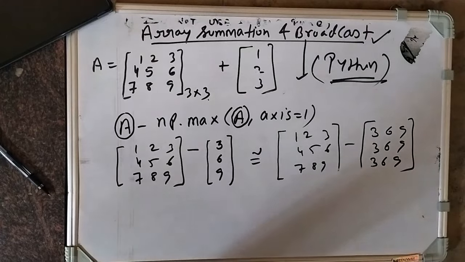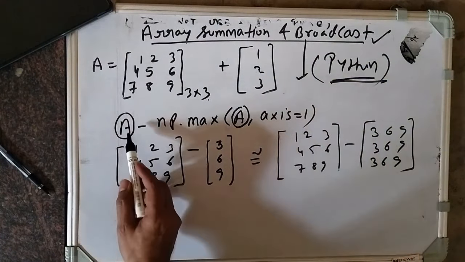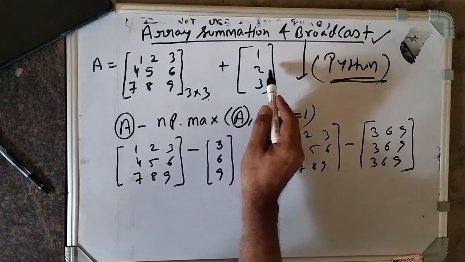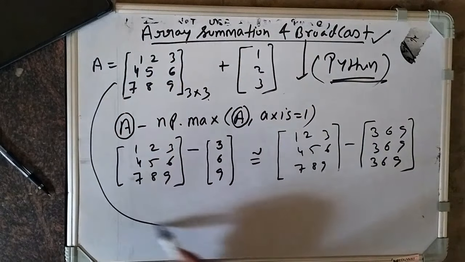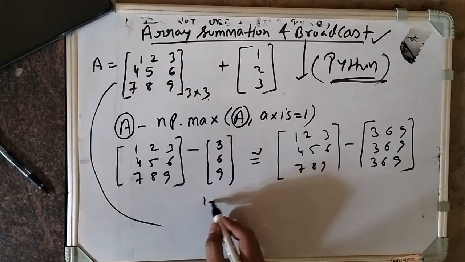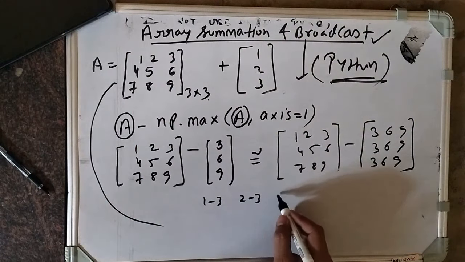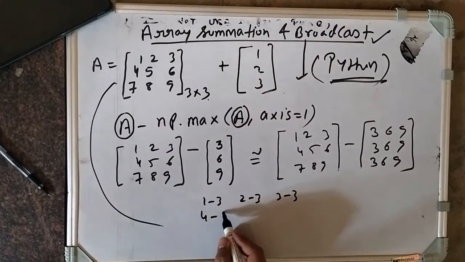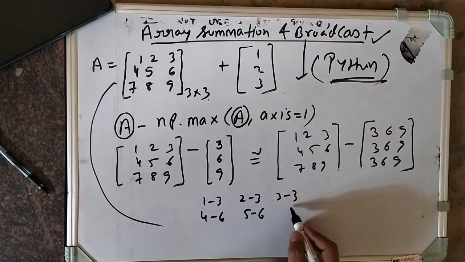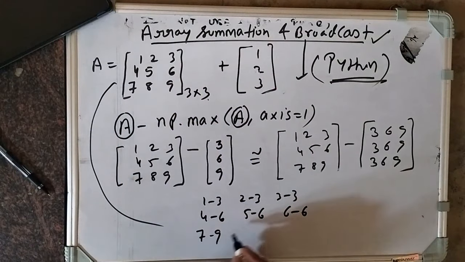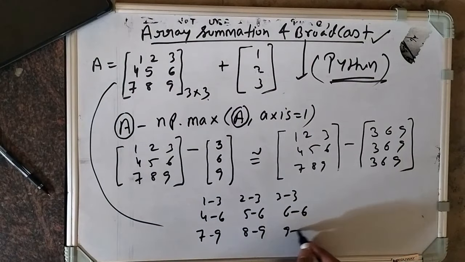Now why it is wrong, I will show you. Because actually what we want is A minus the maximum. This is your matrix, and you want to subtract the maximum from A. What is the max? Max is 3, so 1 minus 3, 2 minus 3, 3 minus 3, and the maximum is 6, so 4 minus 6, 5 minus 6, 6 minus 6, and the maximum is 9, so 7 minus 9, 8 minus 9, 9 minus 9.